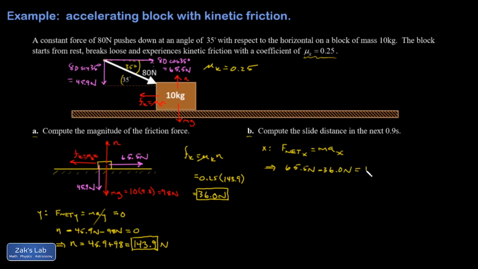That's going to be equal to the mass of this object, 10 kilograms, times the acceleration. Take the difference on the left and then divide by 10. And I end up with an acceleration of a_x equals 2.95 meters per second squared.